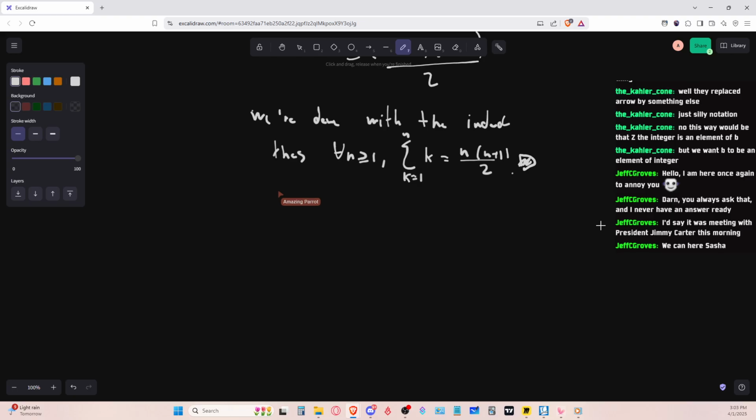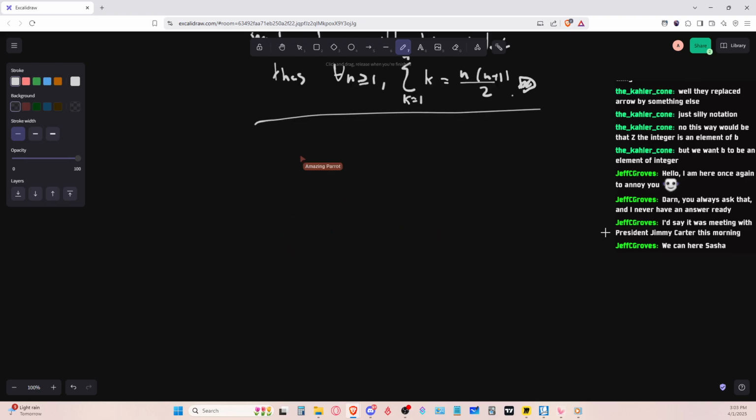So there's actually an equivalent reformulation of the principle of induction for the natural numbers. Maybe I can just write what the principle of induction is, very formally.